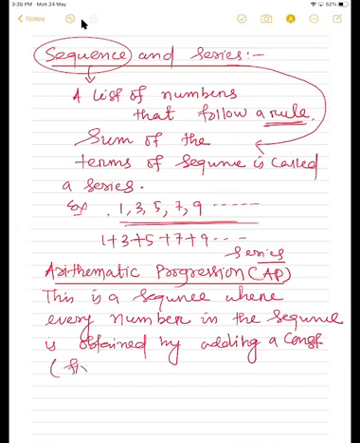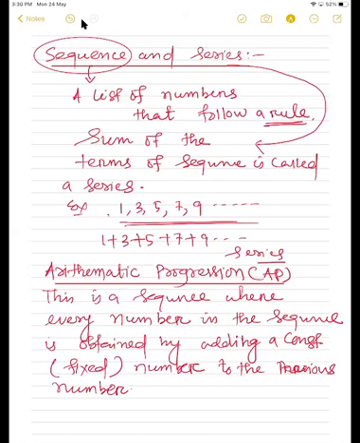Constant means what? A fixed number. Adding a constant or a fixed number to the previous number. Correct?